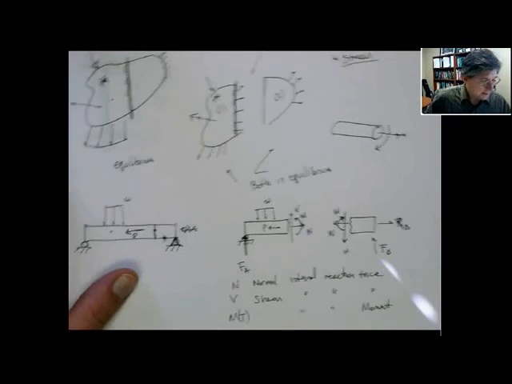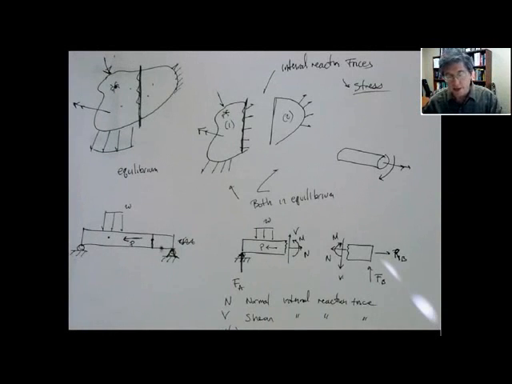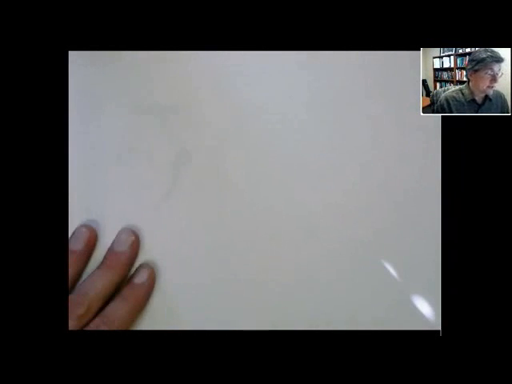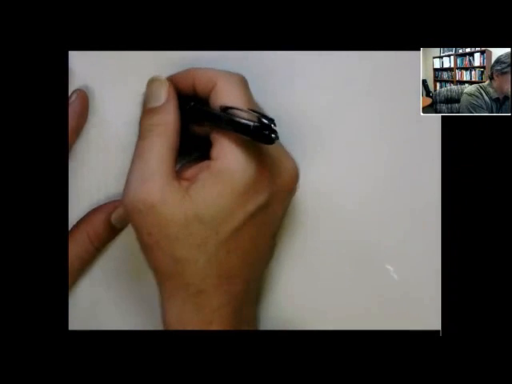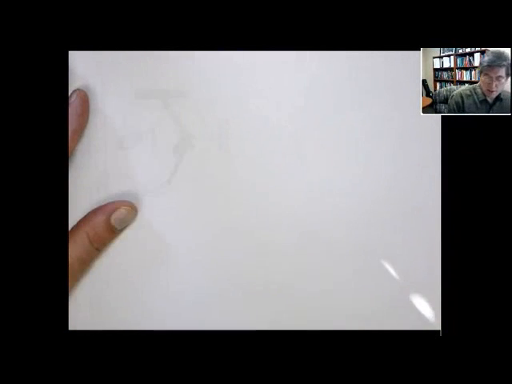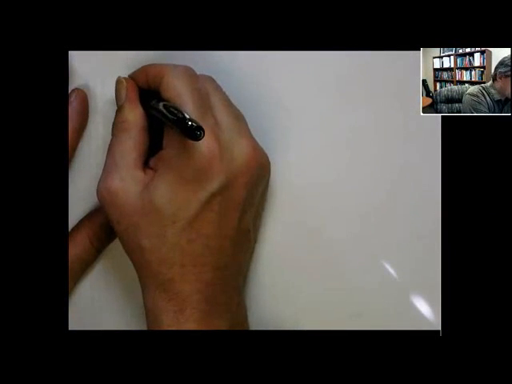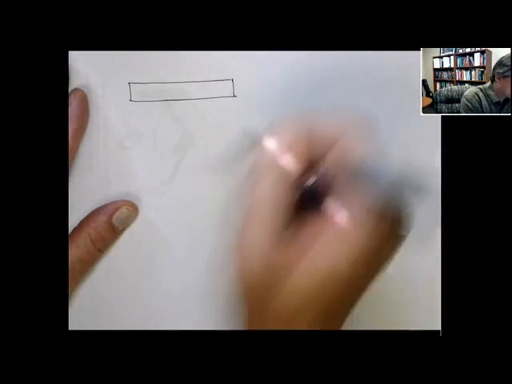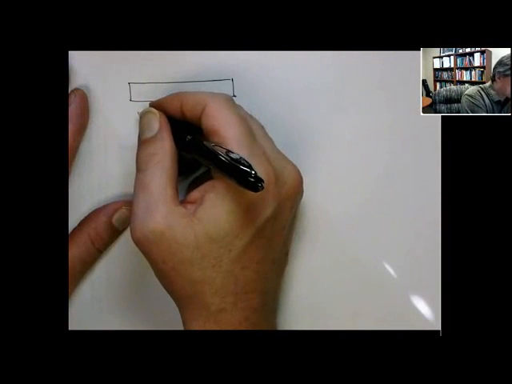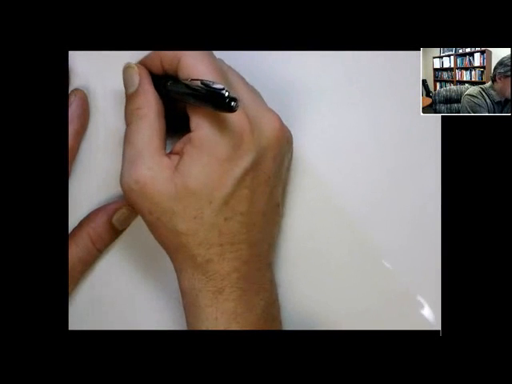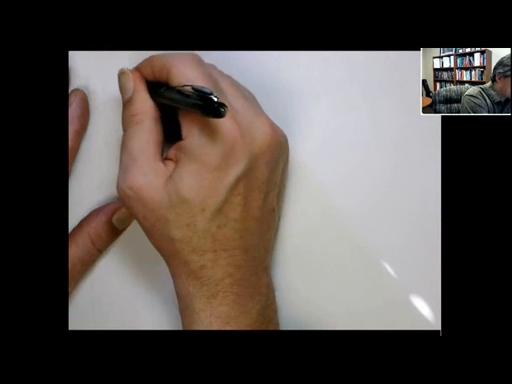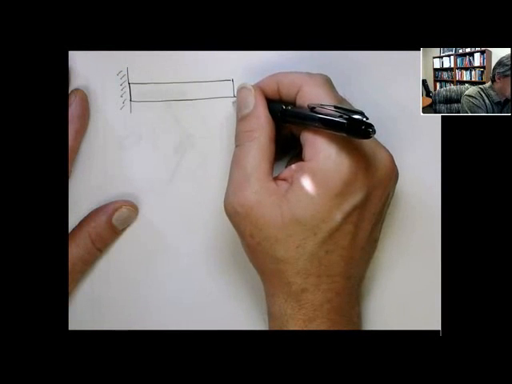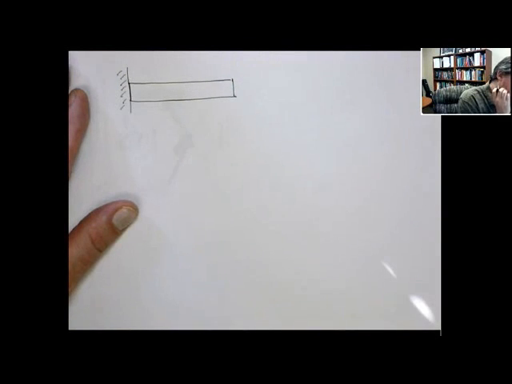Okay. So the typical problem you'll see is something like this. Actually, we can almost do the same problem as we did in the last video. Well, let's do this beam. Let's simplify. So this would be a typical type of problem. Here's a beam. Well, let's fix it on one end, keep it free on the other end.